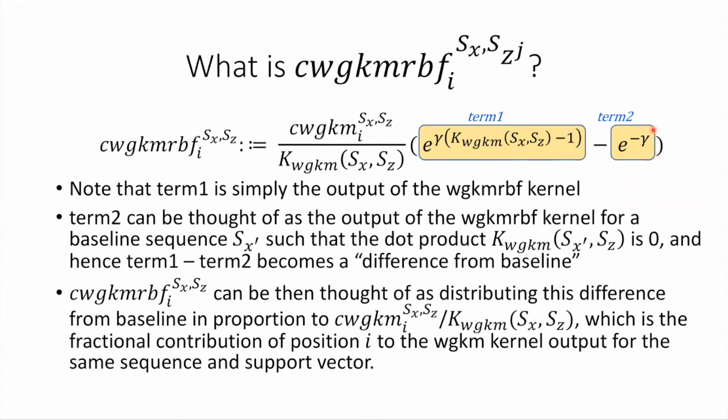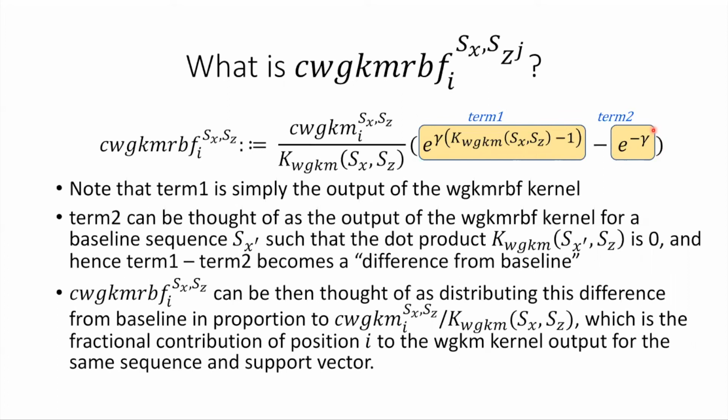Term 2 can also similarly be considered to be WGKM RBF kernel output, or WGKM RBF similarity score for a sequence SX dash, such that the dot product KWGKM(SX dash, SZ) is 0. Or in other words, it is the WGKM RBF kernel output for a baseline sequence, which has a 0 dot product with the support vector.